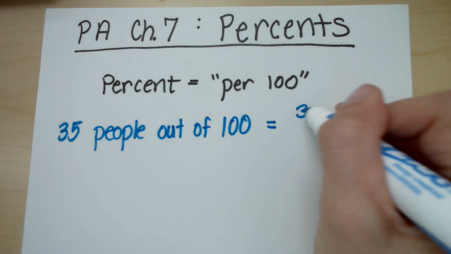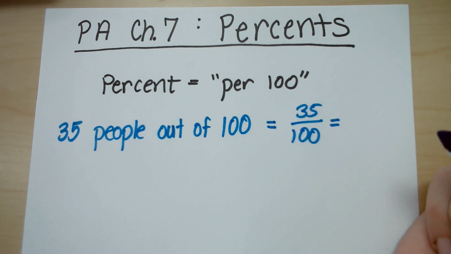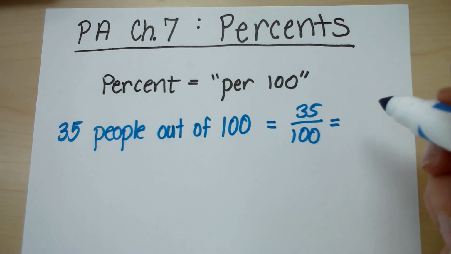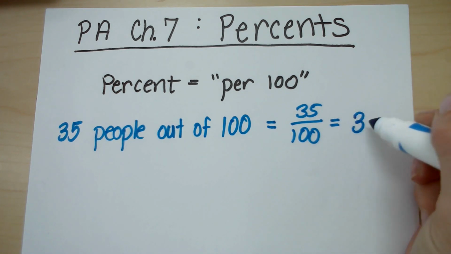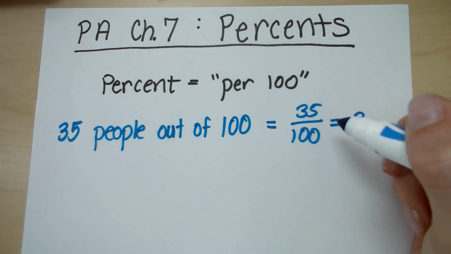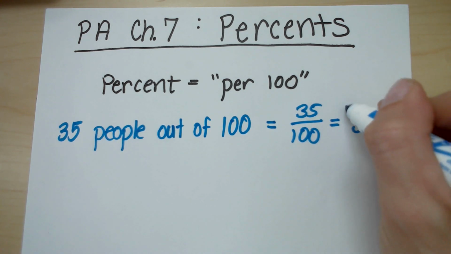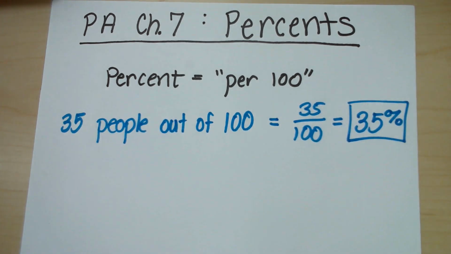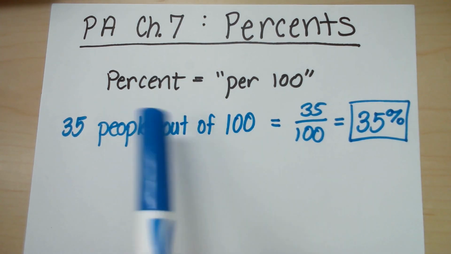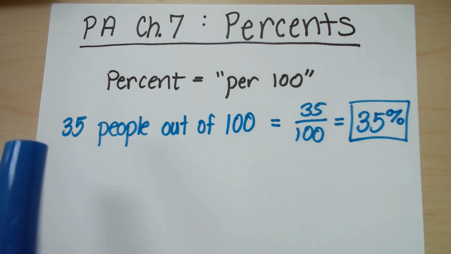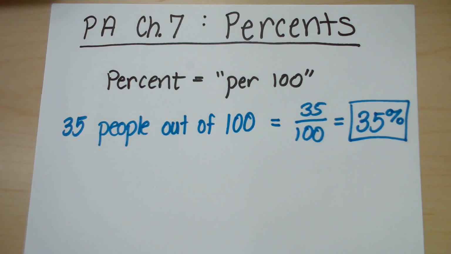Well, 35 out of 100 would be our fraction to represent that portion. And then if we wanted to turn this into a percentage, we would recognize 35 out of 100, or 35 per 100, is 35%. So in a word problem, if it's out of 100, they've already set our total equal to 100, so our part represents truly just the percentage.